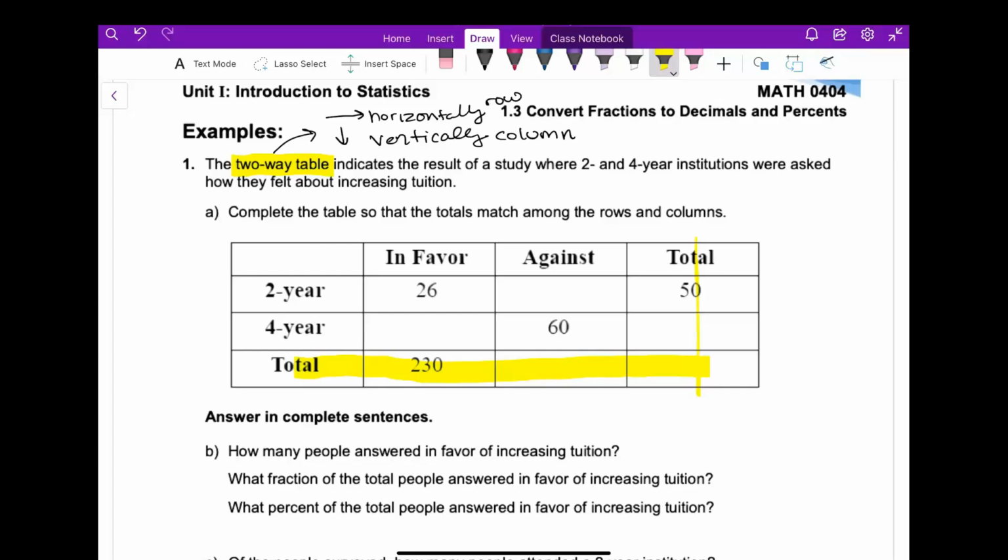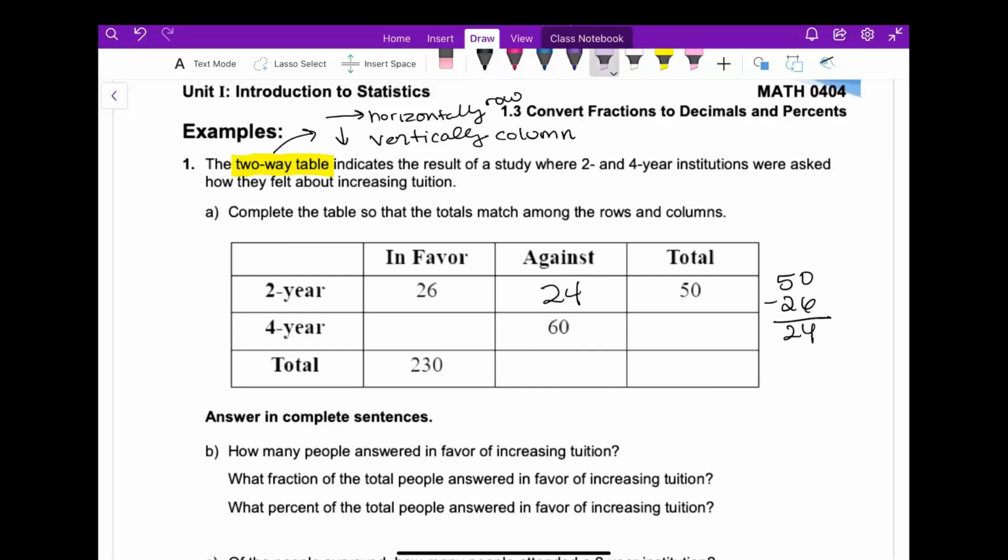For example, in this row here, we have a total, and I know that the total of this row should be 50. I already have 26 people in favor with a 2-year, so I want to know how many go here. I'm going to take 50 minus 26, and that gives me 24. So my value in here is 24.